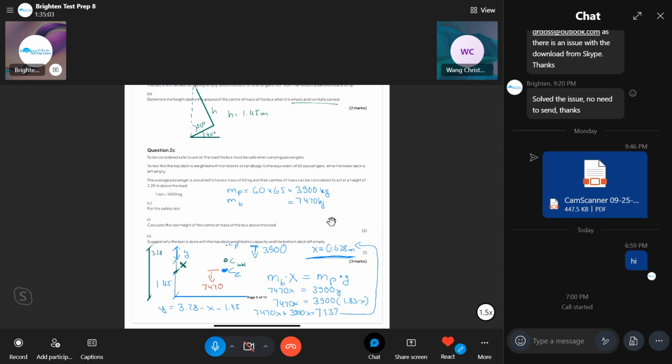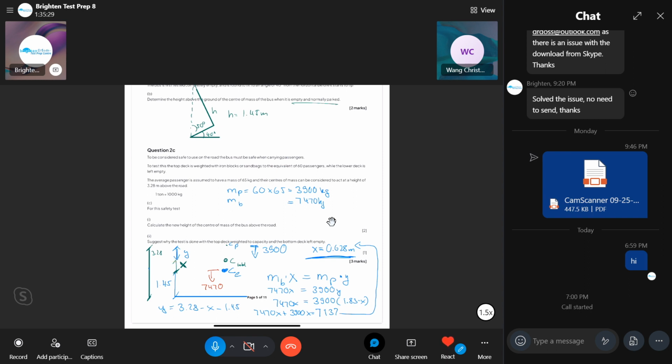So in consequence, it doesn't matter, right? I either go from 3.28 minus y as the result in that point, or my 1.45 plus my x results in that point. It's like one of those equations where you come from two different sides, like one hitting the other, but they have to be at the same position.